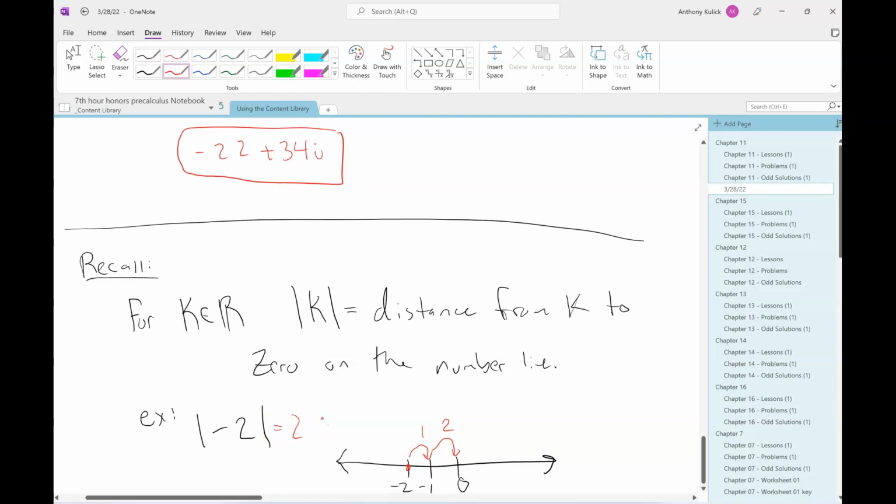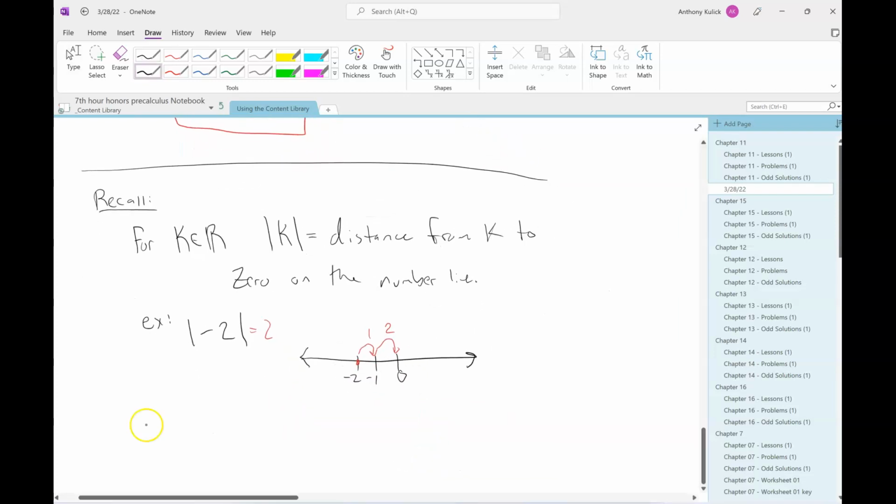So the absolute value of negative 2 is 2. Does that ring a bell? Again, we're going back to a pre-algebra kind of topic, but that's okay.